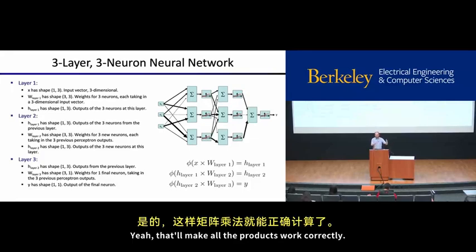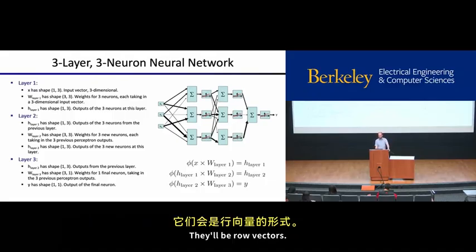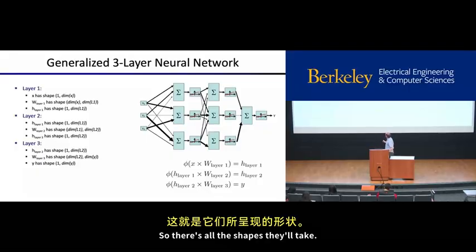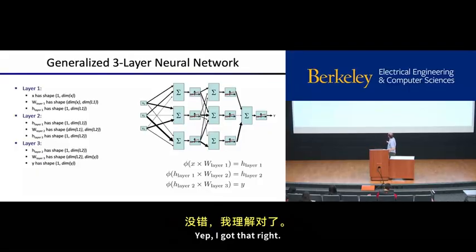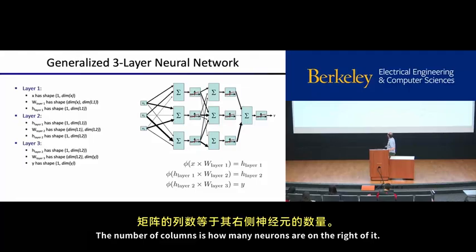Yeah, that'll make all the products work correctly. And then the input and output layers plus all the hidden layers, they'll be vectors. They'll be row vectors. Okay. So there's all the shapes they'll take. Yep, I got that right. The number of rows is equal to how many neurons are on the left of it. The number of columns is how many neurons are on the right of it.